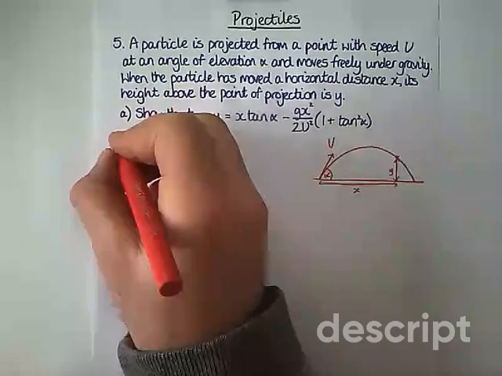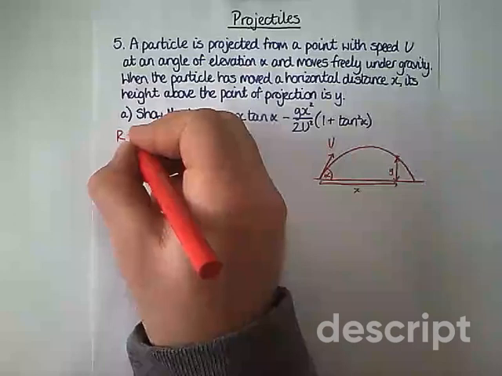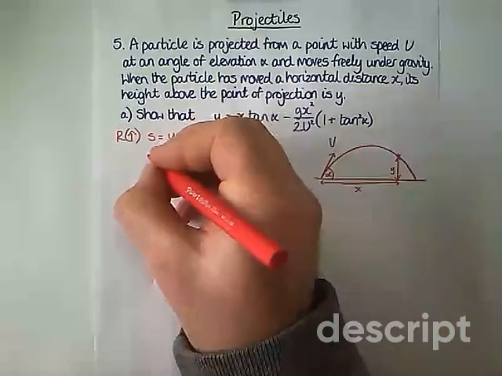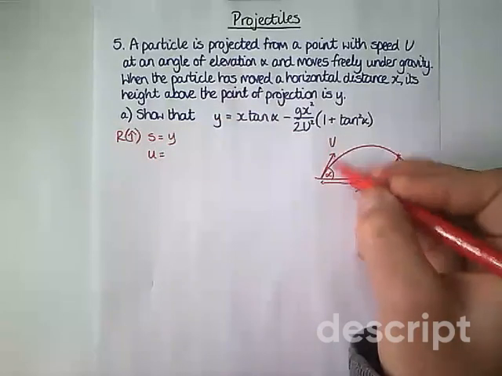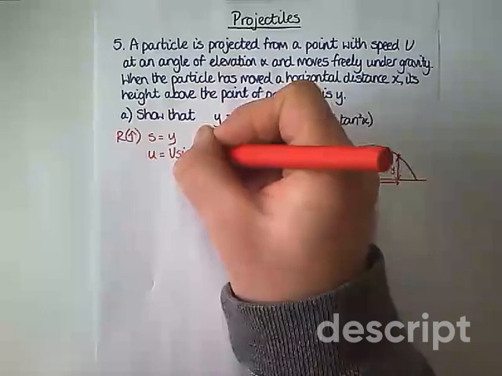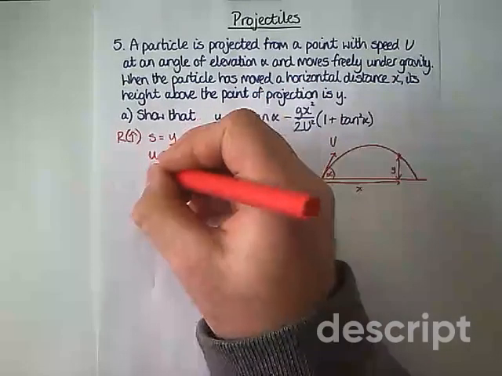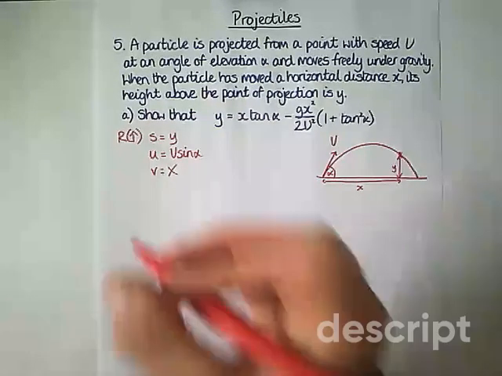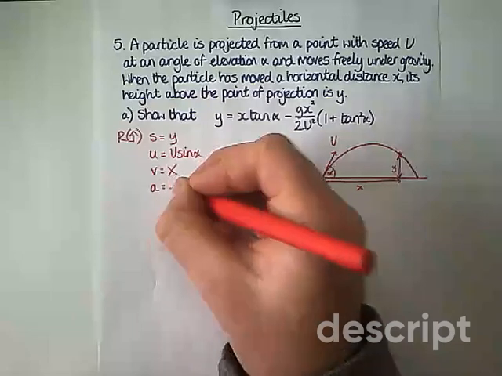So if we resolve vertically first of all, we know at this point our vertical displacement is y, our vertical component of the initial speed is u sine alpha. We don't know what our vertical velocity is at that point. Our acceleration is due to gravity, that's minus g.